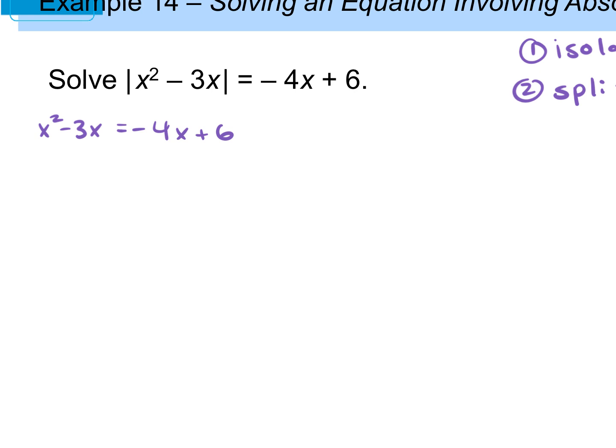Second one, we're going to make negative, so negative x squared minus 3x is equal to negative 4x plus 6. So just pick a side that you want to make negative. Don't make them both negative, because then it ends up being the same thing as the original.